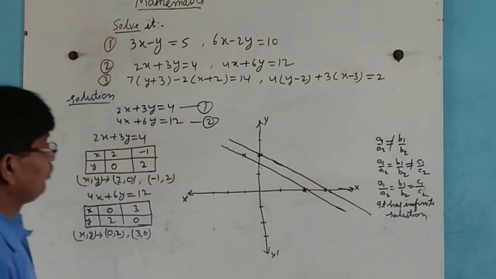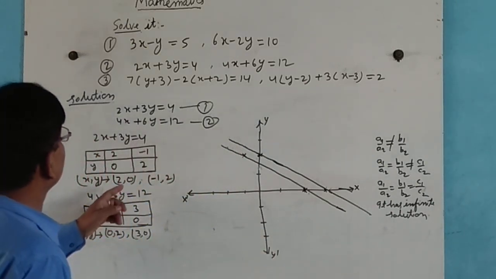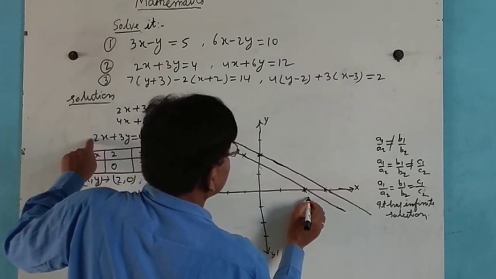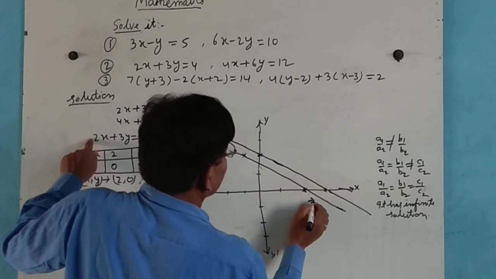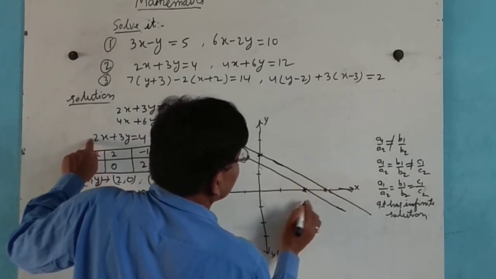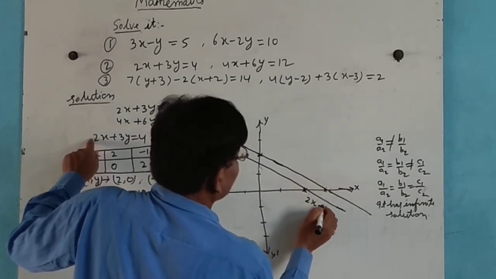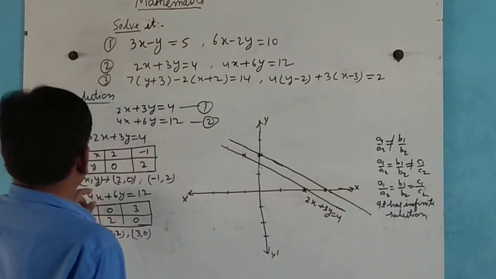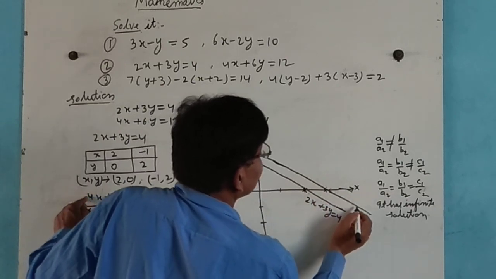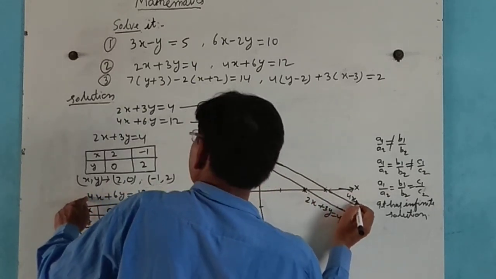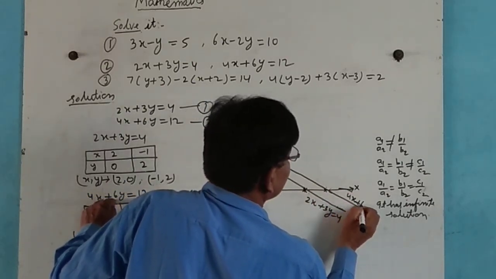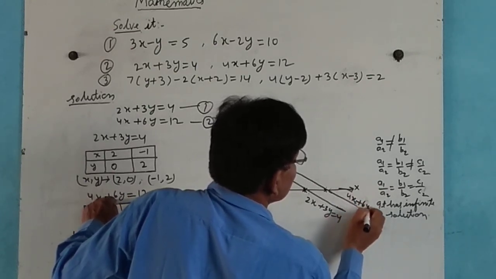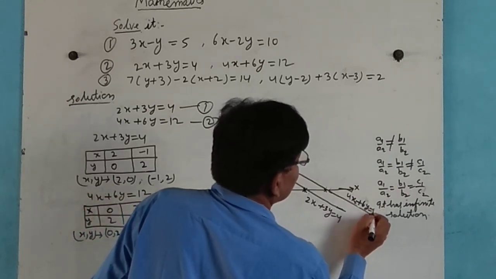This is 2x plus 3y equal to 4, and this line is 4x plus 6y equal to 12.